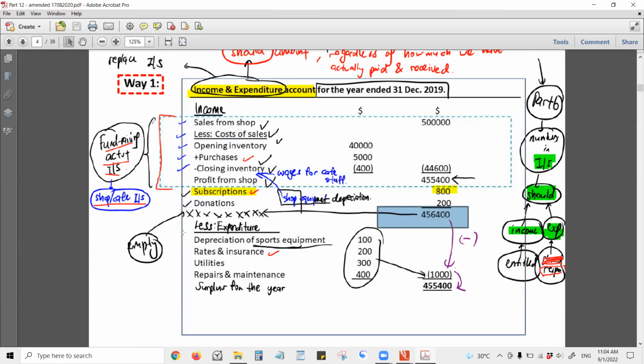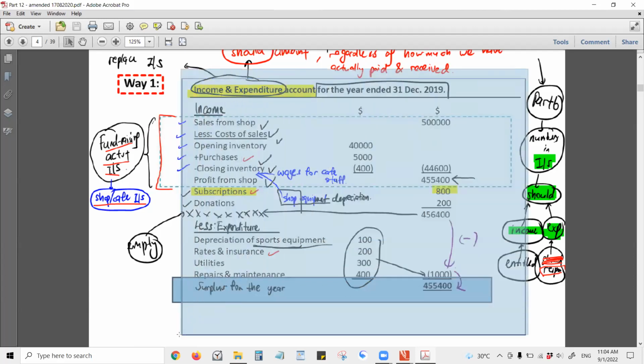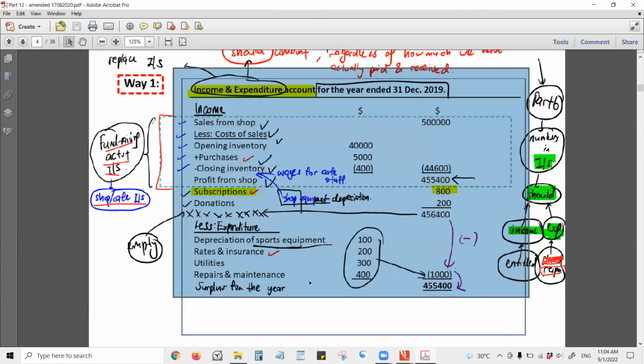Then you list down the expenses of other parts of the club, meaning except the cafe or shop. Then you do a deduction here. Then you get the surplus for the year, or you call it a deficit for the year if you get a negative number. This is very important to know for this topic.